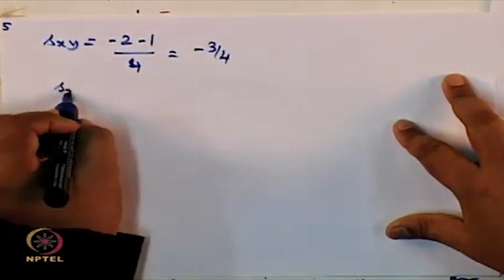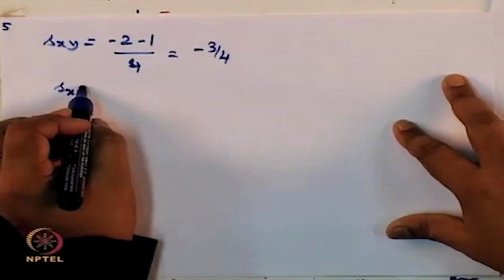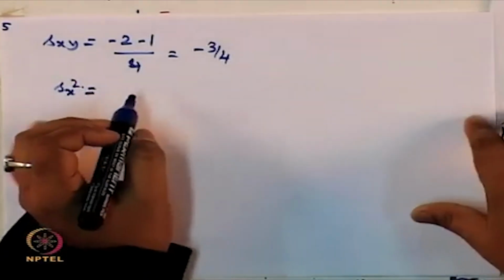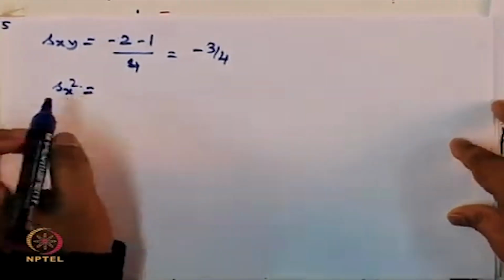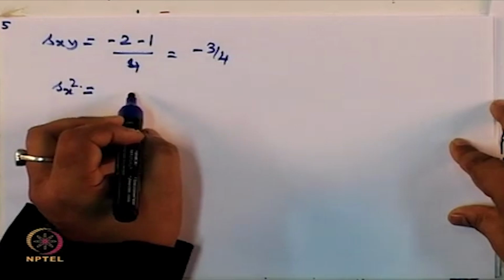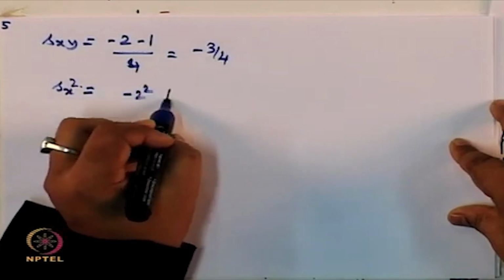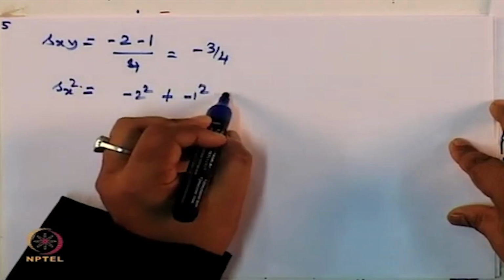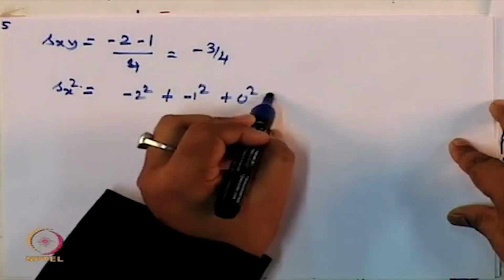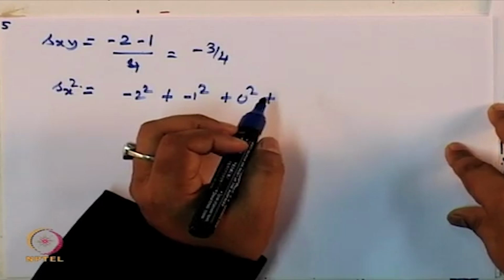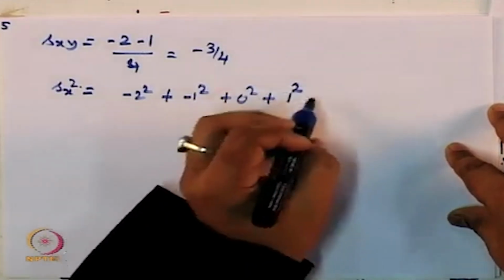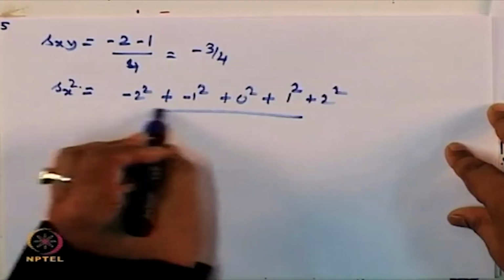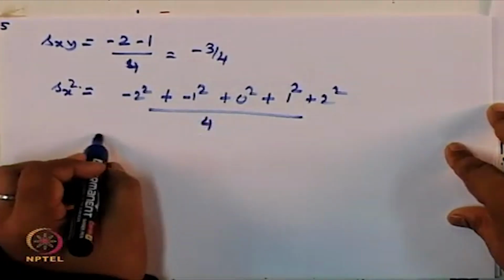And s x square is going to be the summation of x minus x bar whole square: minus 2 square plus minus 1 square plus 0 square plus 1 square plus 2 square, divided by 4.